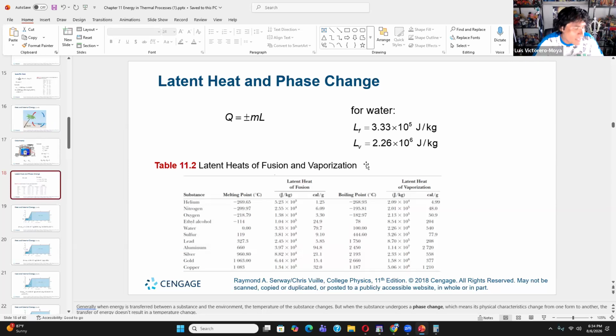Latent heat is the idea that you can have energy absorbed, in this case by ice, and it melts into water. But when you are melting ice, you are not changing the temperature of the ice. I know it sounds weird, but hear me out.